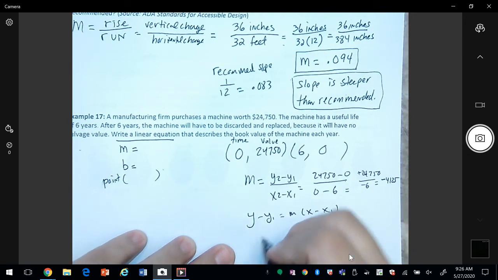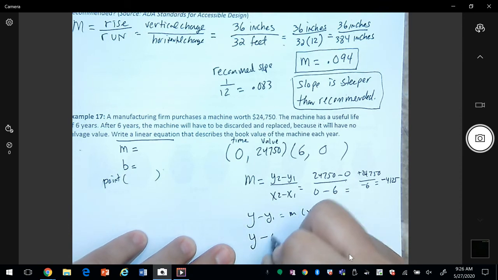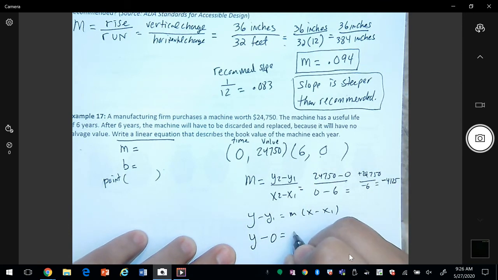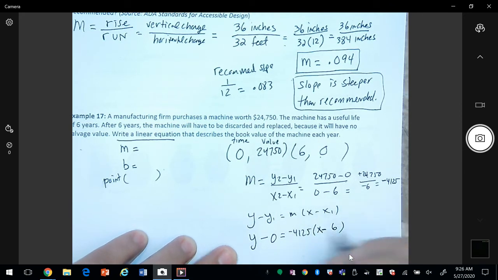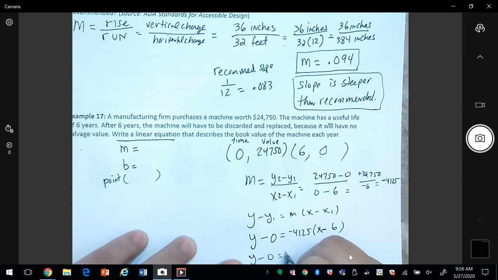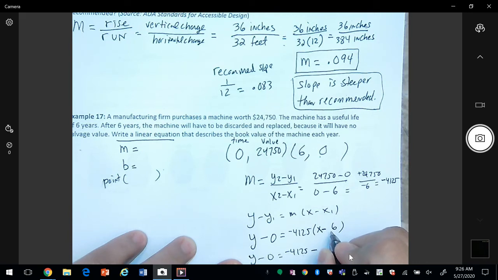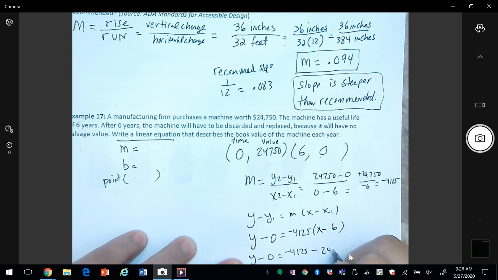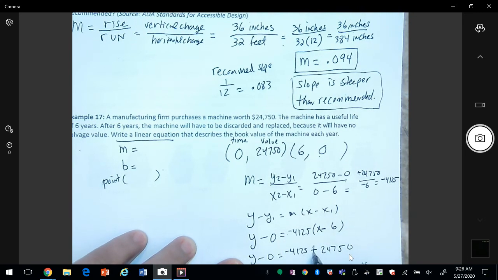So we have y minus 0 using this point is equal to my slope, x minus 6. 4125 times 6 is going to be 24,750, and negative is positive.